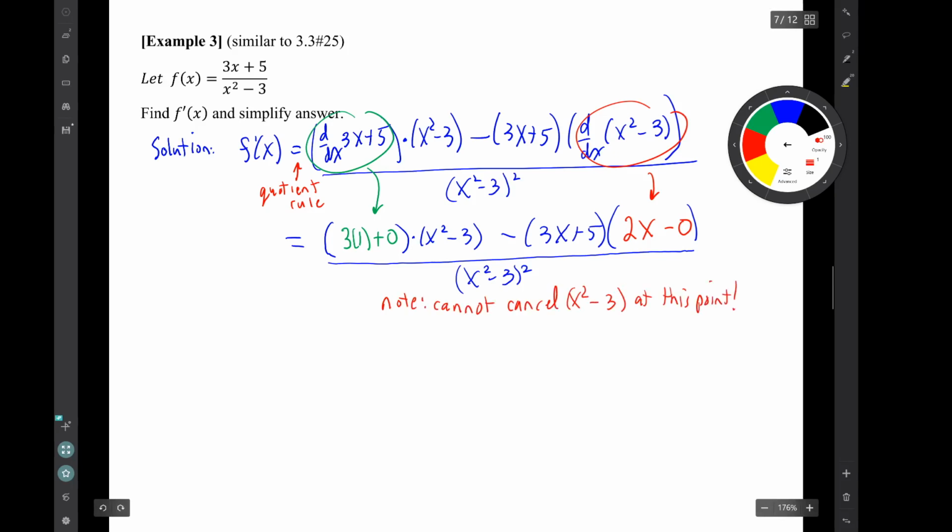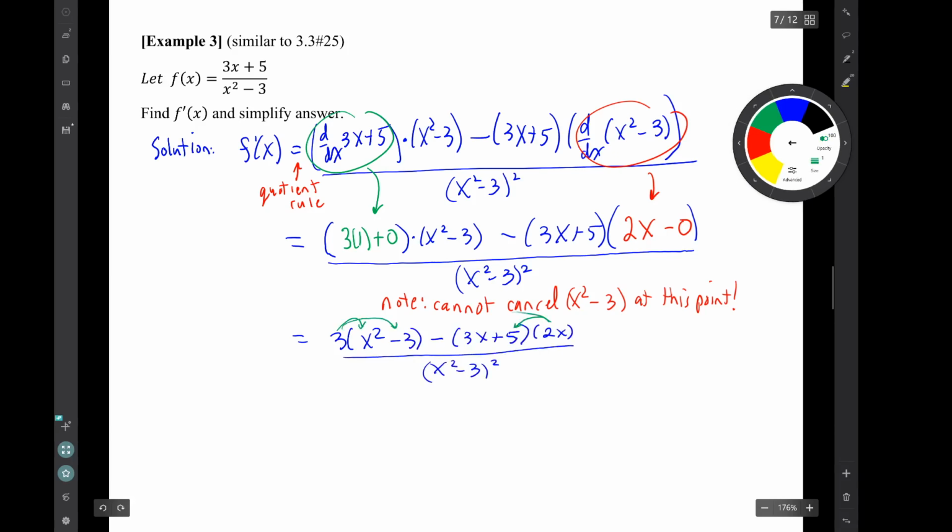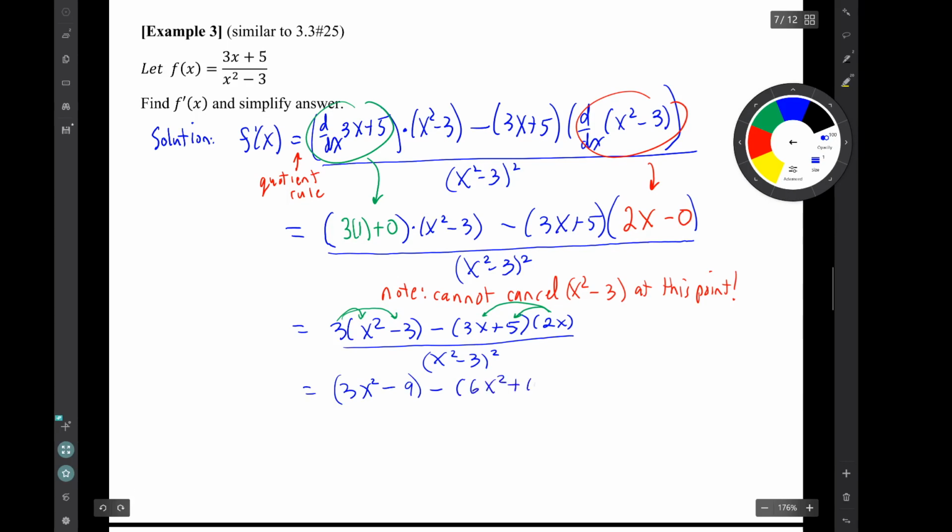All right, well, so how can we clean this up? Well, we just have to simplify by doing the arithmetic that's specified in the numerator. Now you have to be careful with these signs.